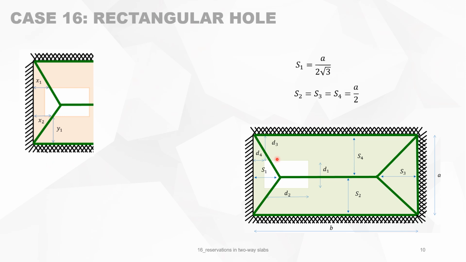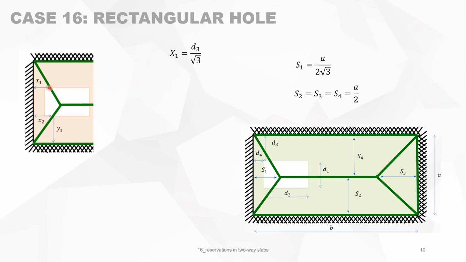Some more geometry. We can calculate S1, S2, S3, and S4, like we've seen in the previous slides. The factor X1 is where the reservation is cutting the yield line. X1 is not equal to D4. It looks like it, but it's not.